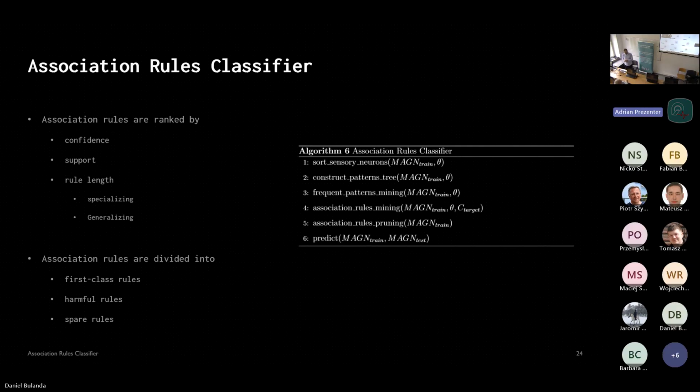On the other hand, if we decide to use generalizing rules, then we look for the shortest rule, because maybe for our application, we don't want to focus on those details and we want to extract the most generic knowledge. And in the experiments, we proved that specializing rules are better in like 90% of scenarios, but for the remaining 10%, generalizing rules work better. So that's how it works. It's a parameter of the model which can be specified.